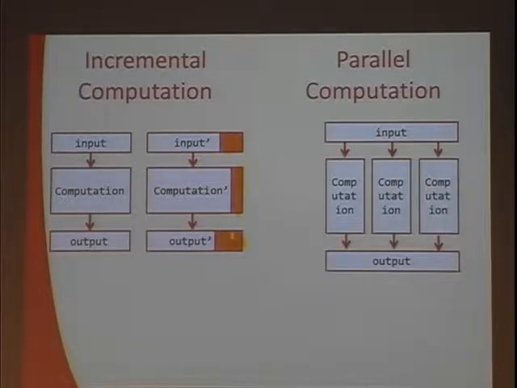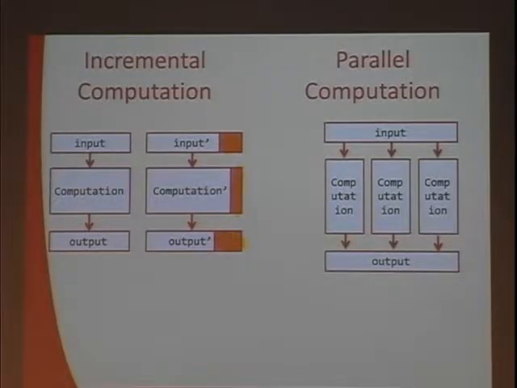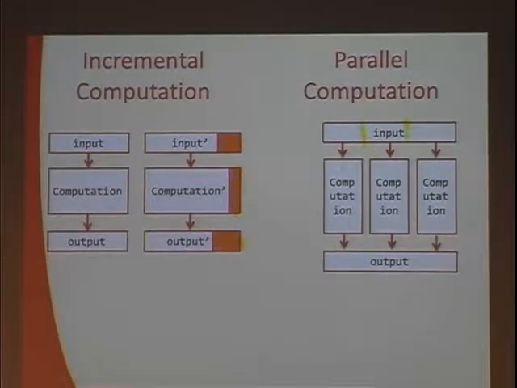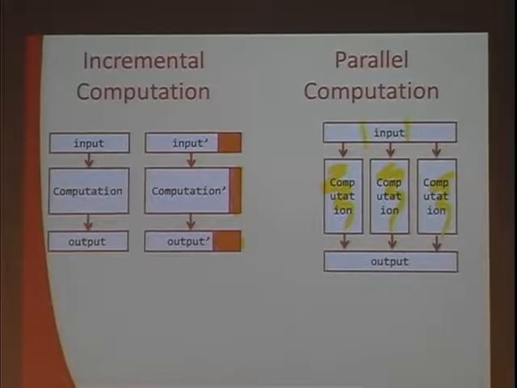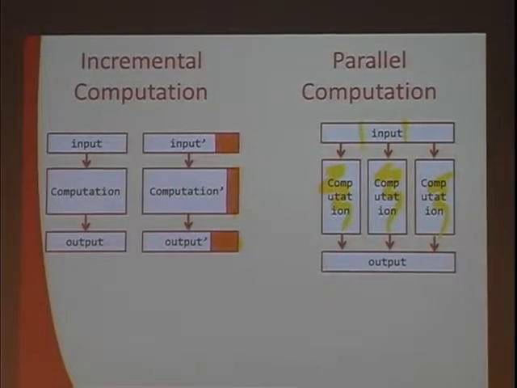In this case, I have my input and it's structured in such a way that I can compute the output by identifying perhaps independent partitions of the input and then essentially doing the same computation on these independent partitions. So maybe I have 3 partitions, and partition 1 will be processed by this processor and so on. And so now I can effectively increase the throughput for a very large piece of data.